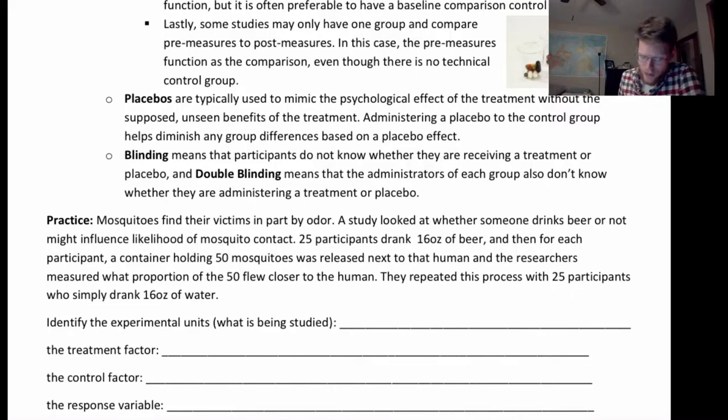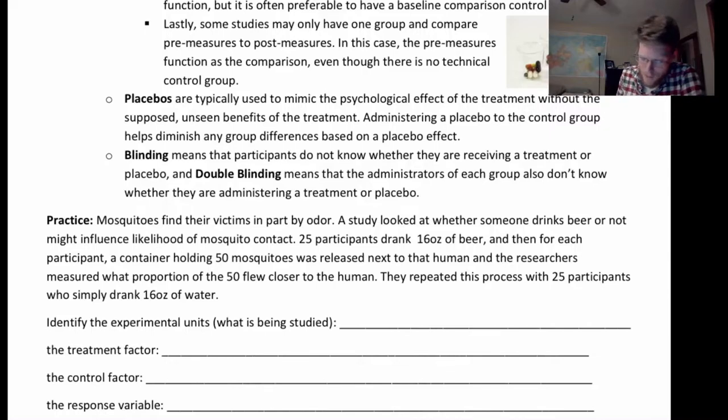Okay, so let's identify the experimental units. In other words, who or what is being studied. The experimental units, in this case, would be the people in the study. We didn't really define that, but it's important to be aware of who the participants are, who the units being studied and measured are.